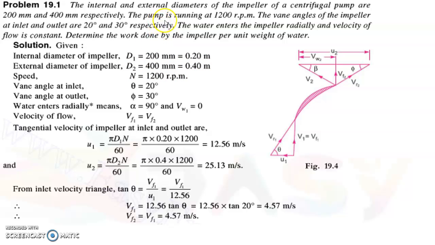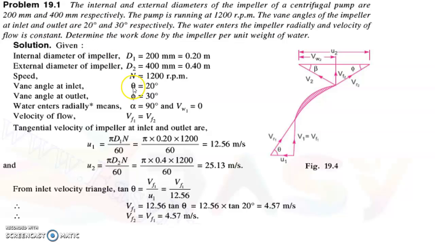Next, the pump is running at 1200 rpm, that means capital N is equal to 1200 rpm. The vane angles of the impeller at inlet and outlet are 20 and 30 degree. Vane angles means the angle made by the relative velocity at inlet and outlet.